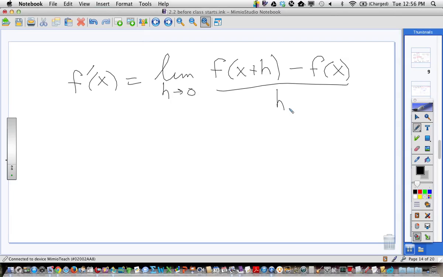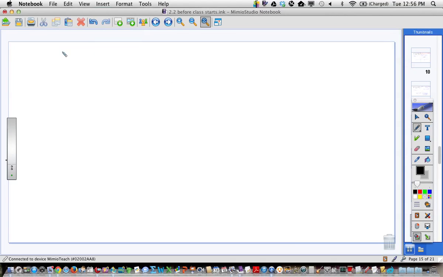But if I want to find just f prime of x, I'll leave an x in for x. And that's what we want to do next. I want to find a formula for the derivative of that function right there. I don't want f prime of 2. I don't want f prime of 1. I want f prime of x.